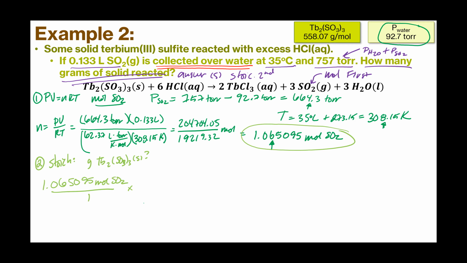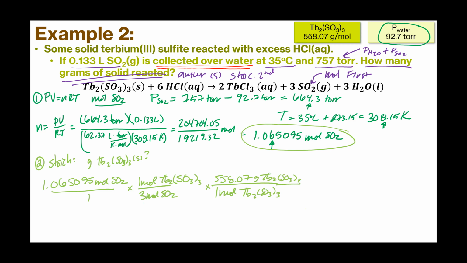Our equation tells us we'll get 3 moles of SO2 for every 1 mole of terbium 3 sulfite. It's hard to say 3 and 2 and write the different number. There we go. And 1 mole of the terbium guy, Tb2(SO3)3, will give us 557.07 grams of Tb2(SO3)3.